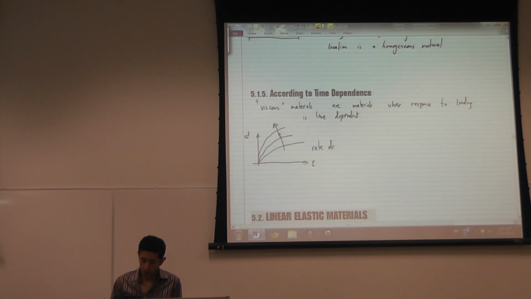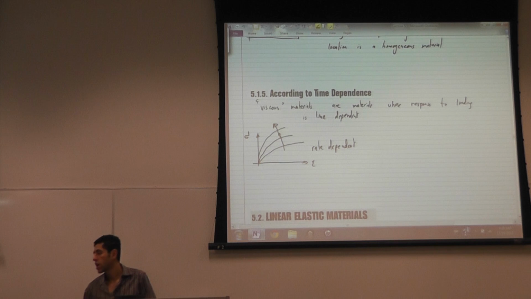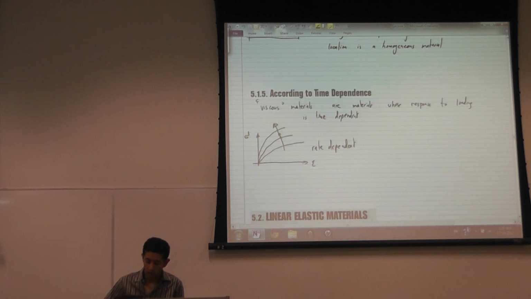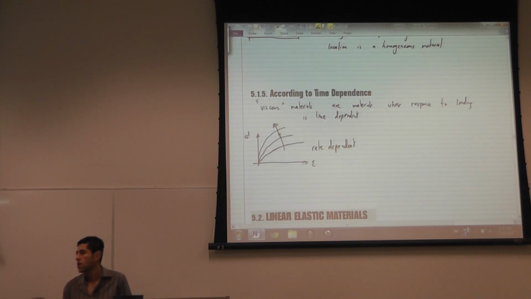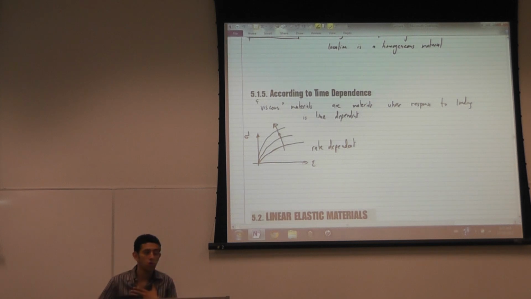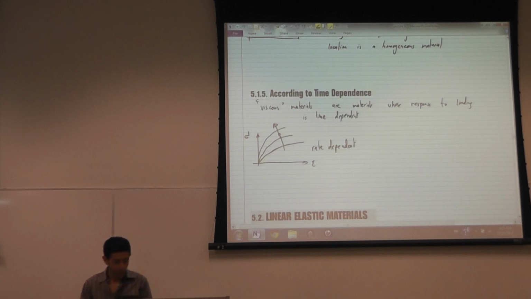Every material is rate dependent at some rate, but for our engineering applications, we are usually interested in very slow rates, where there's not really a change, and that's why the response we usually use is the rate independent response, because when we put a material in a structure, the application of the load is usually very slow.